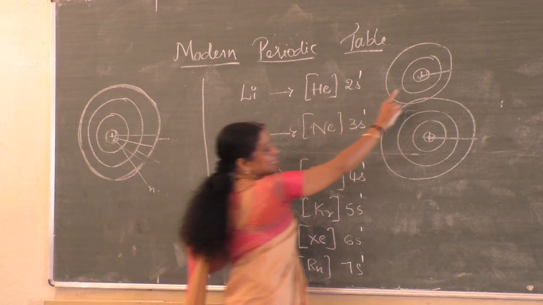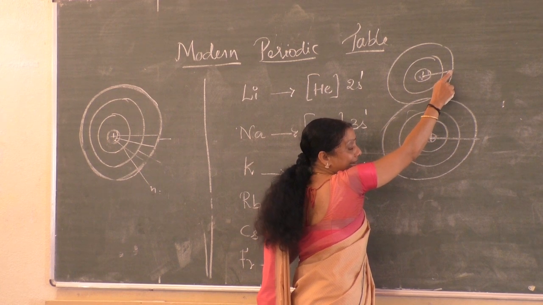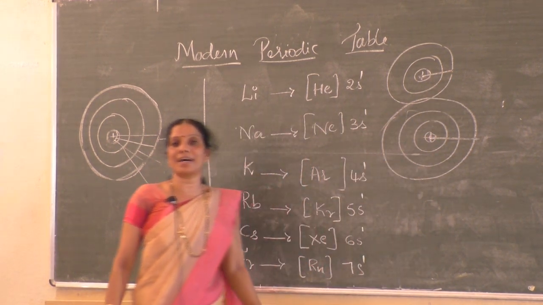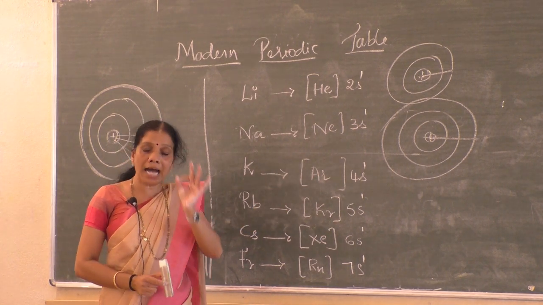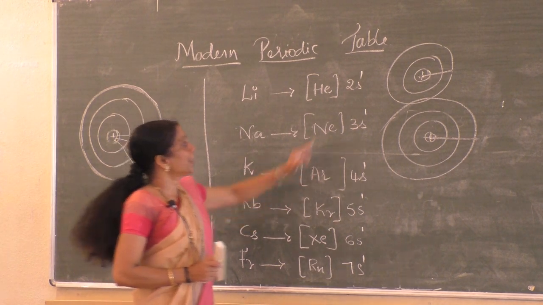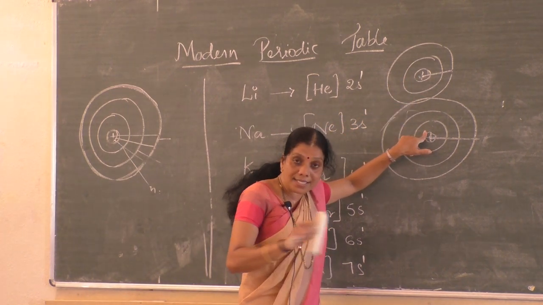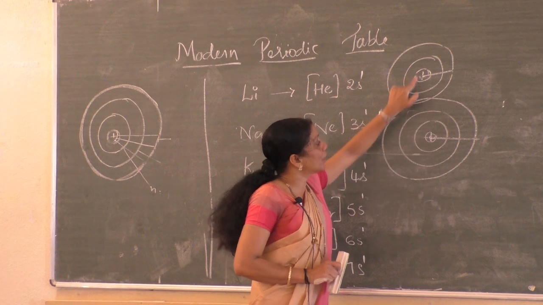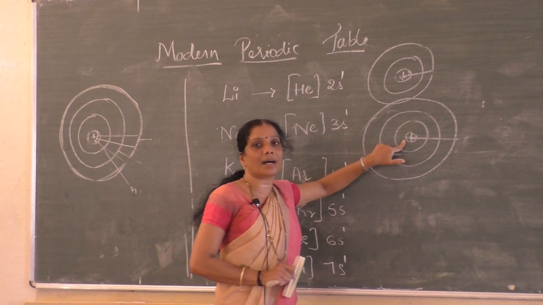Therefore, the distance between the nucleus and the outermost shell containing the valence electron goes on increasing. As the distance increases, even though the number of protons increases here also, what happens?